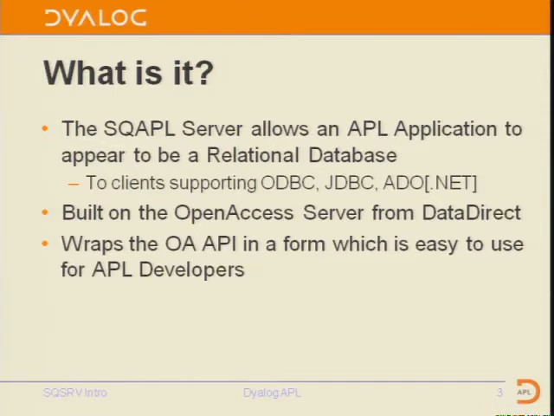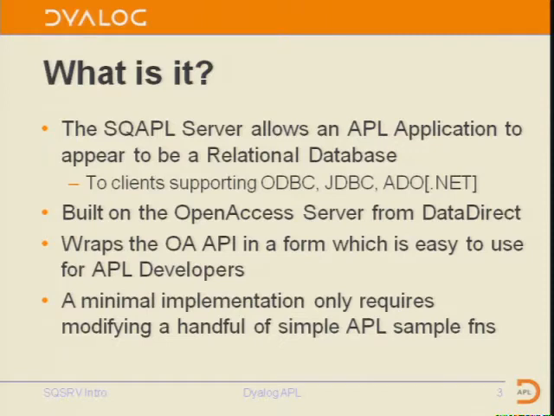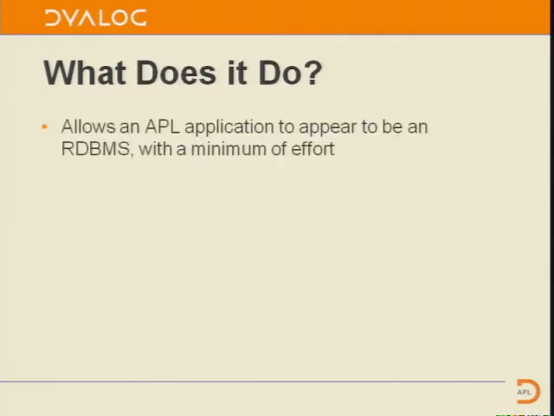And what Björn and I have done is to wrap this open access API in a form which, I hope I can demonstrate to you, is going to be very easy to use for APL developers. And you can use the samples we've got or make minor modifications to them to get your application up and running in a very short amount of time.